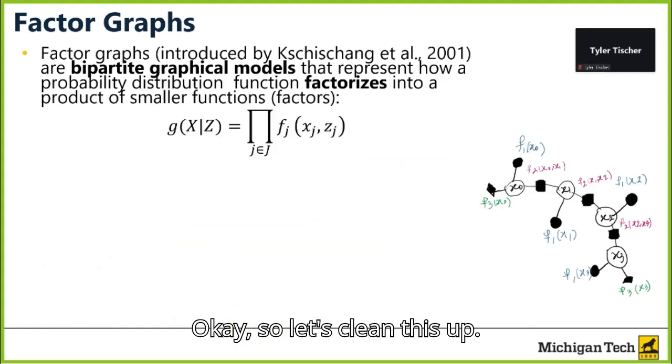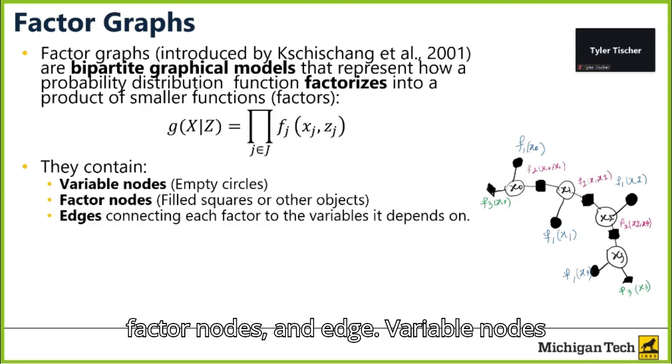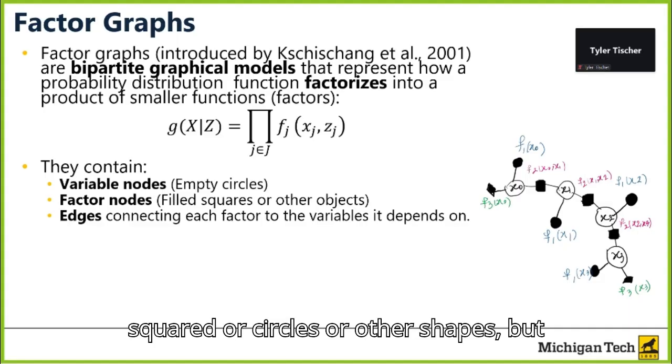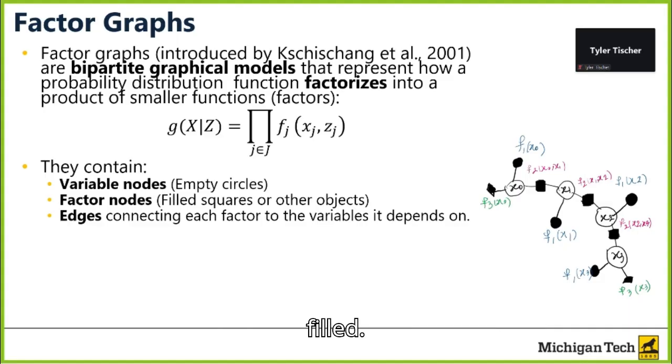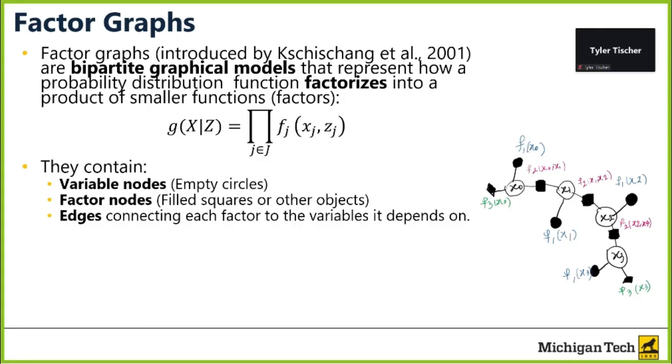Okay, so let's clean this up. And yes, this factor graph contains variable nodes, factor nodes, and edges. Variable nodes are empty circles. Factors are squares or circles or other shapes, but filled. And edges are connections between factors and states.